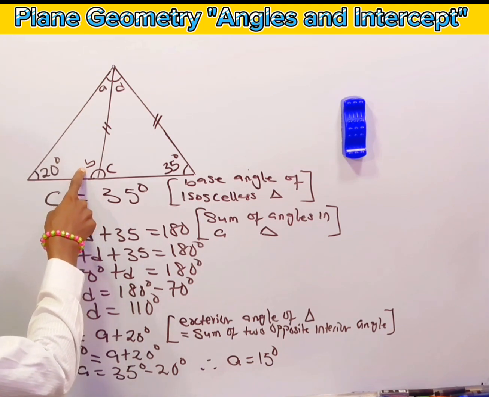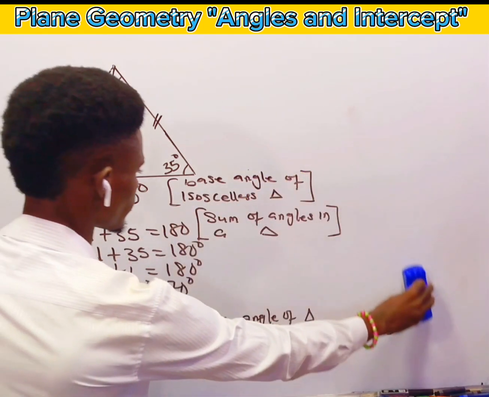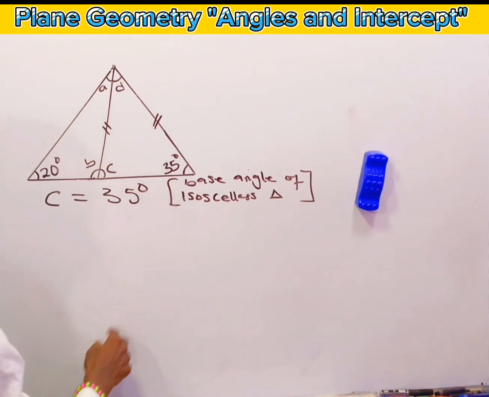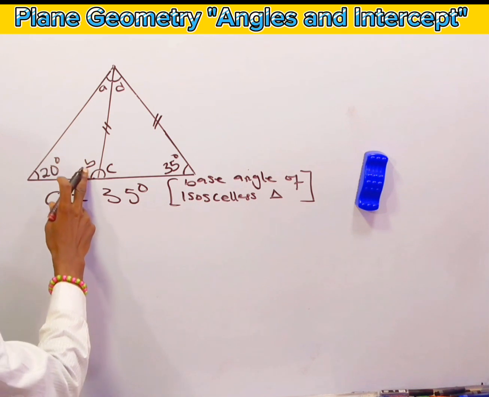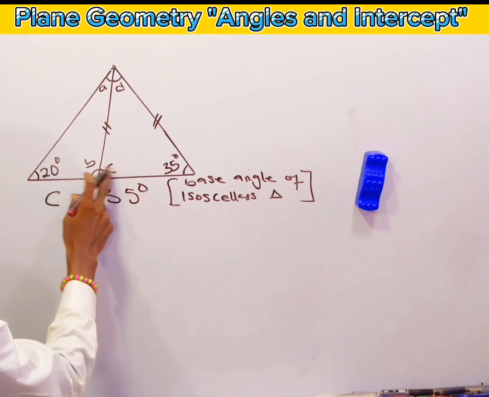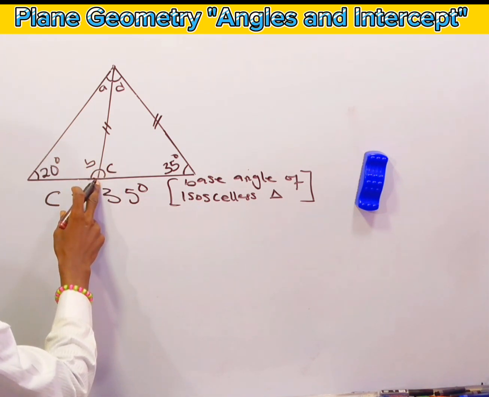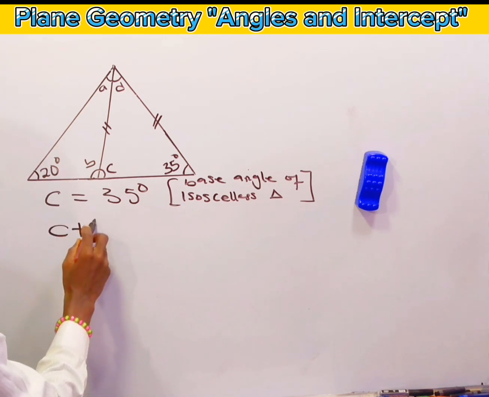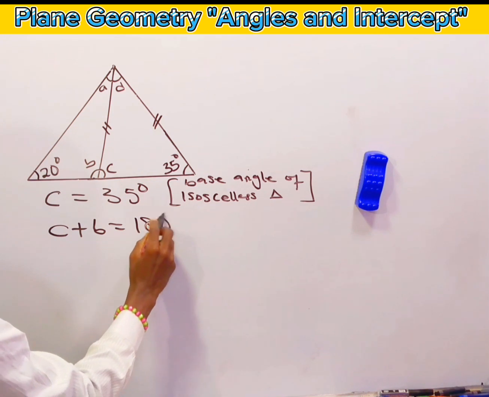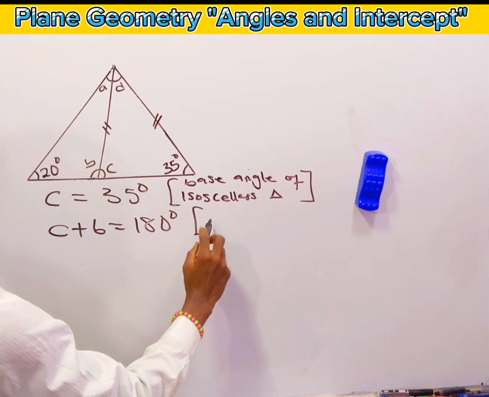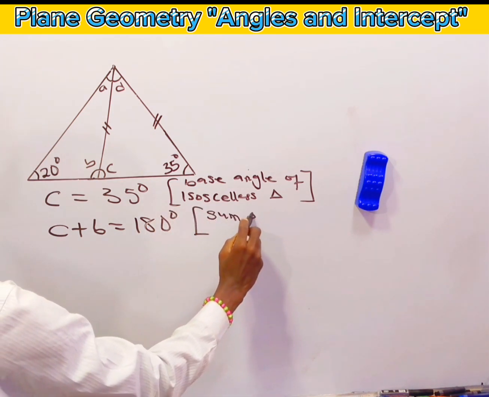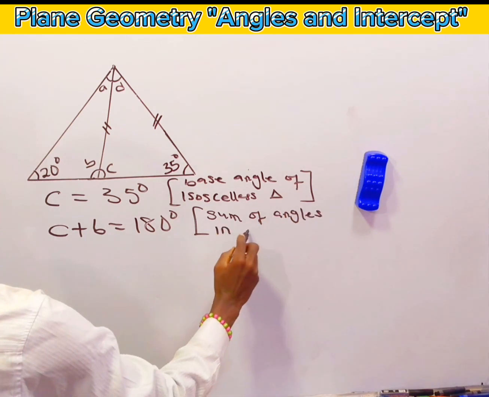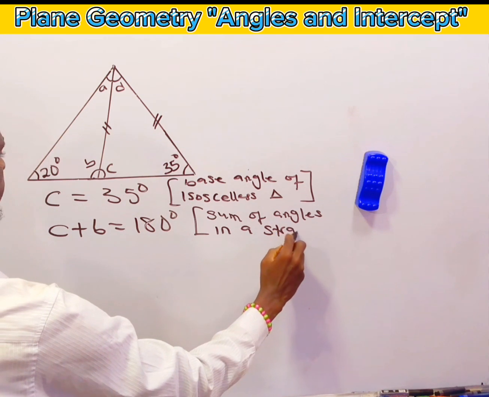So, we are left with B. How do we find B? To find B, C and B, we simply say C plus B is equal to 180 degrees, which is sum of angles on a straight line.